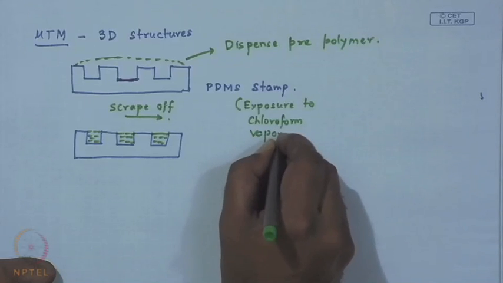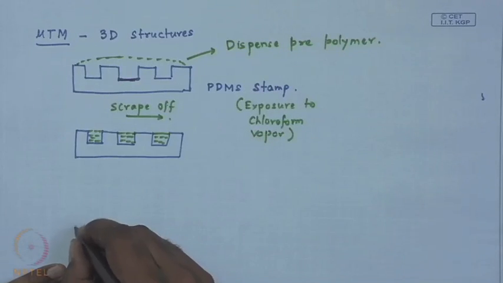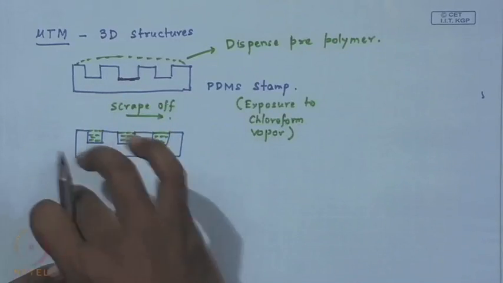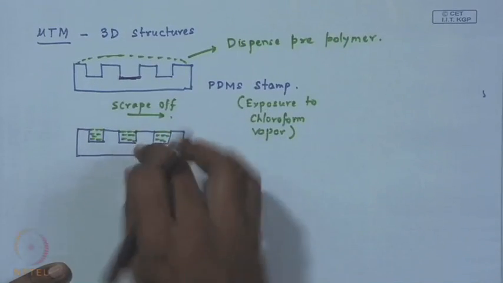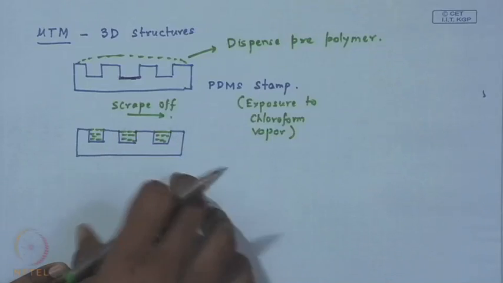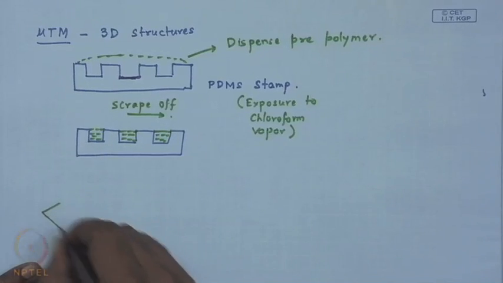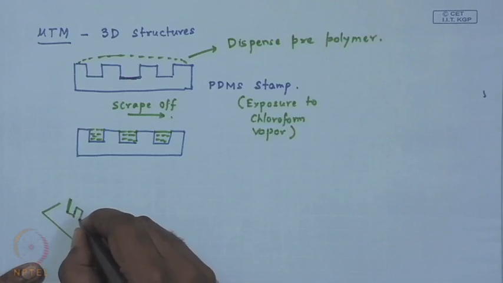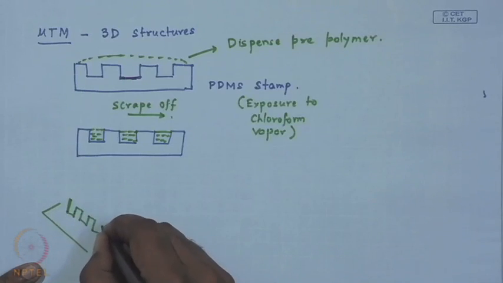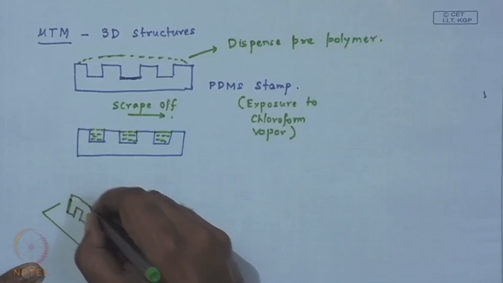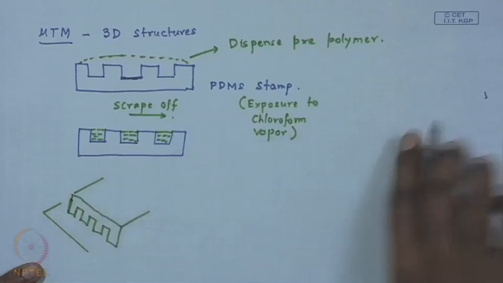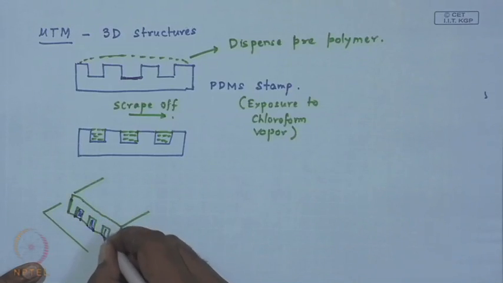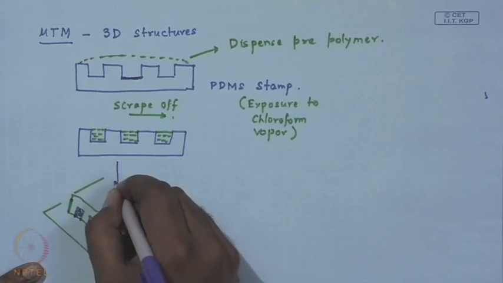vapor, it swells. So, this way if you turn it down, what happens is, if this is, let us say, a grating structure, these are individual strips of this polymer. So, you turn it down, keep it on a substrate. So, here is a substrate, here you bring in the stamp, this now contains the polymerized strips. This is now turned here.